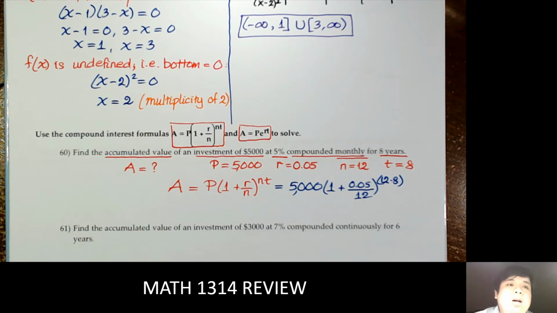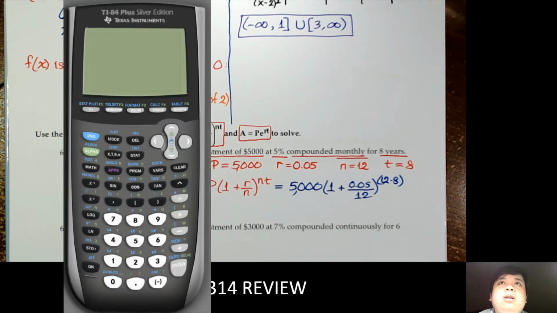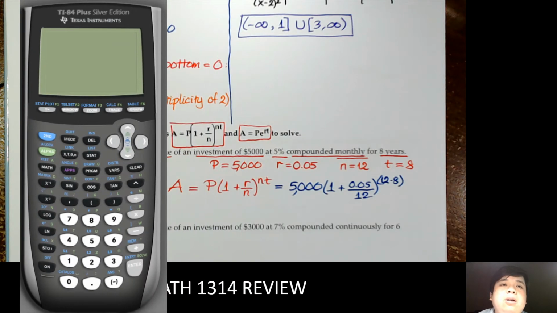Right, I'll just put everything on a calculator. Right, 5,000 times 1 plus 0.05 divided by 12.